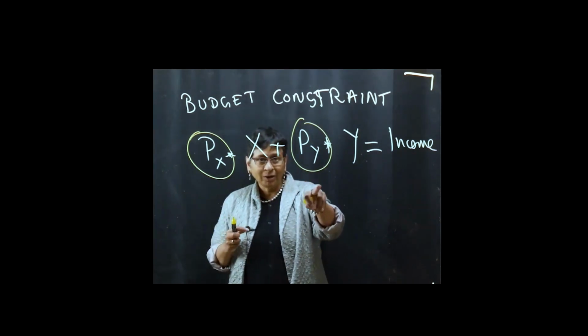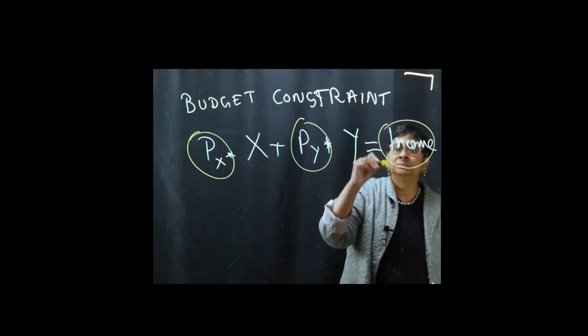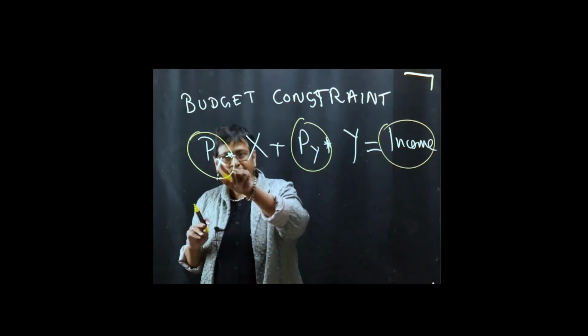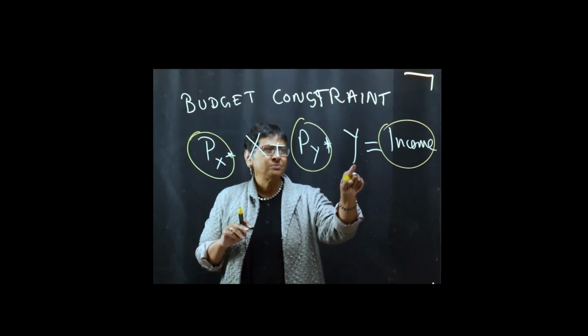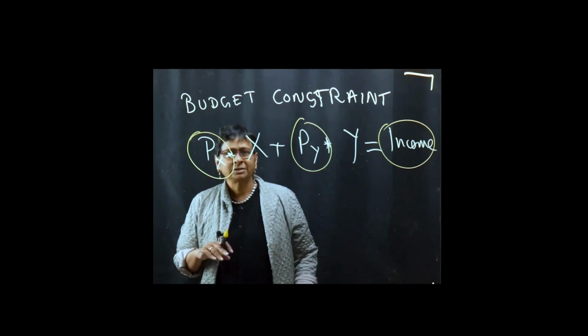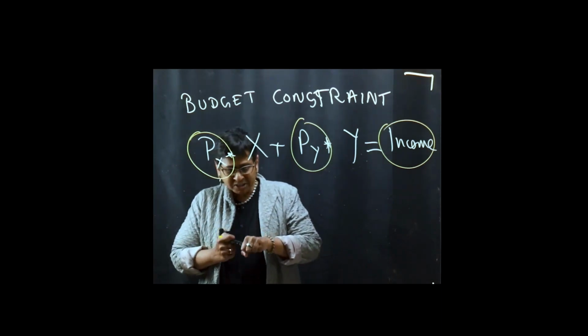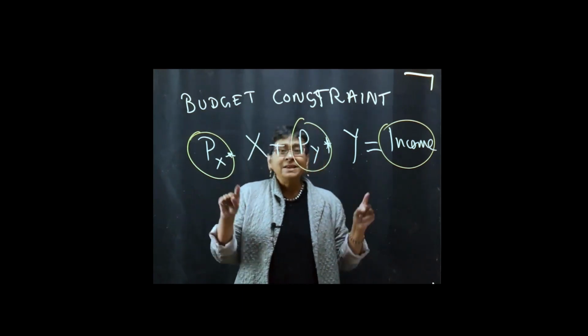So you take the price, you've got an income, and then price of milk times milk plus price of transport times transport, got to be less than your income or equal to it, right? So that's the budget constraint we developed in the last unit.